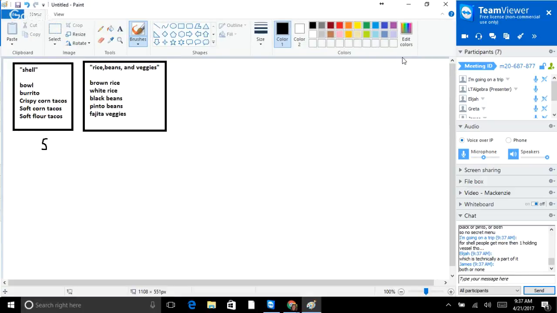There is a choice for rice, so you can get brown, white, or no rice, right? Then you could get black beans, pinto beans, or no beans. Oh, or both. Do people get both beans? Can you get both rices?